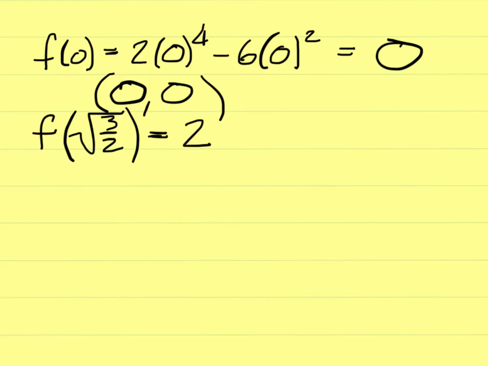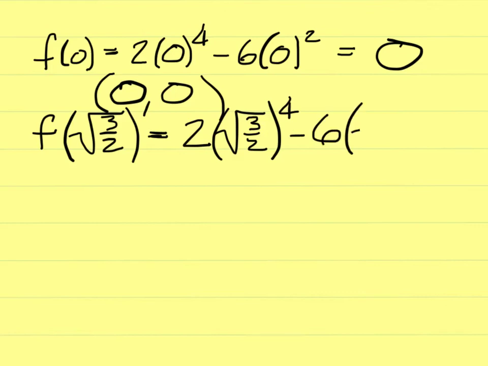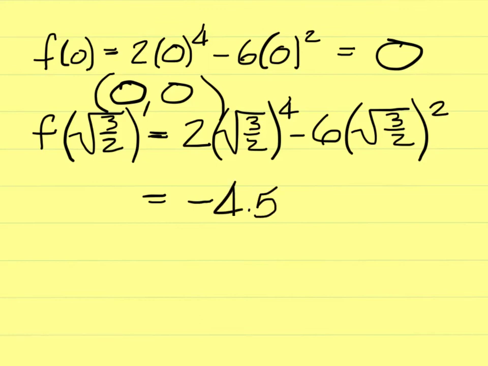So you'll have 2 times the square root of 3/2, that quantity to the 4th, and then minus 6 times the square root of 3/2, that quantity to the 2nd power. And we come back with negative 4.5, which means that your next critical value is the square root of 3 over 2 and the negative 4.5.